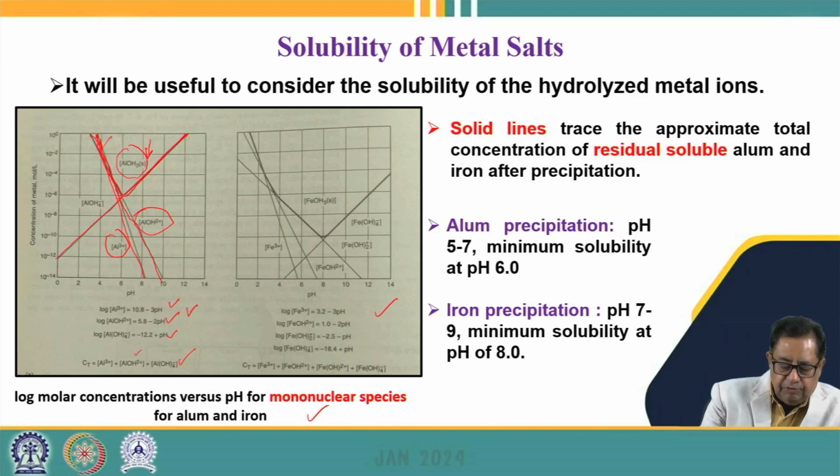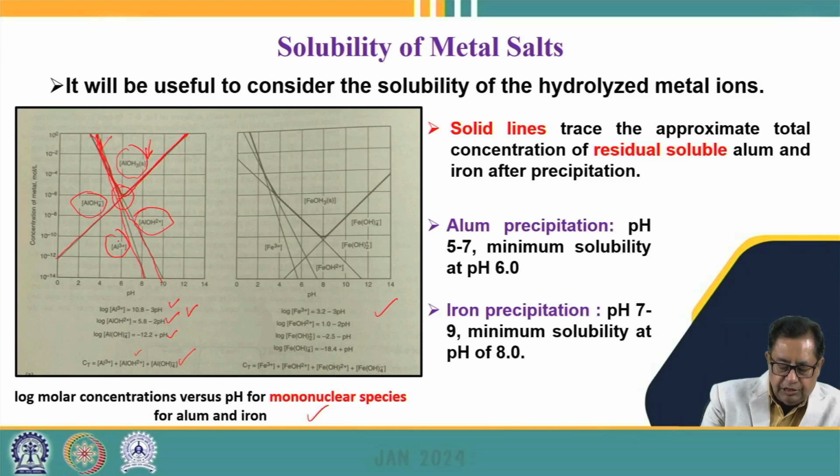It reaches a minimum value, after which the solubility again increases because the Al(OH)4- ions increase in solubility in the solution, and the precipitation of Al(OH)3 decreases.